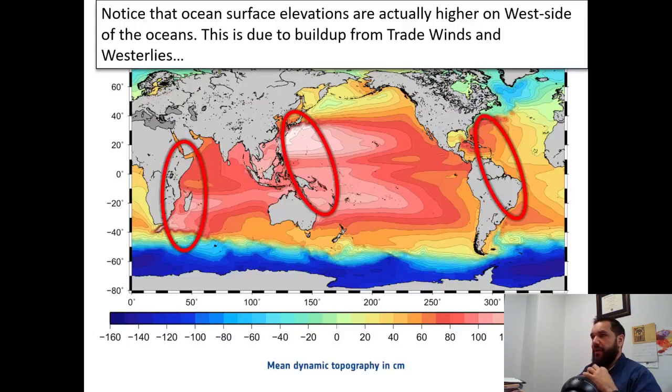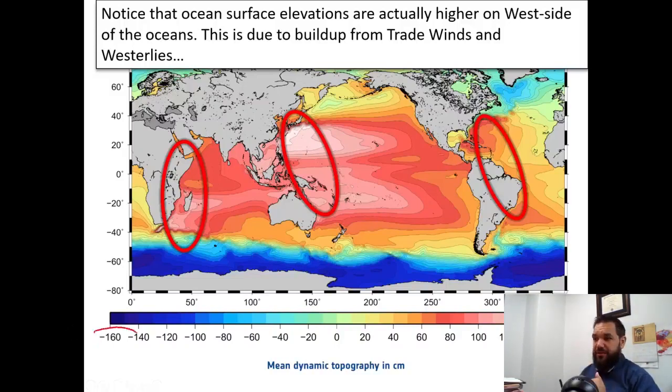This is a map that shows you the height of the ocean's surface. Now remember, I told you that the ocean's surface is not perfectly level. There are hills and valleys. Now these hills and valleys are not big hills.